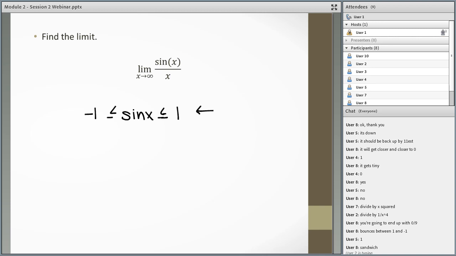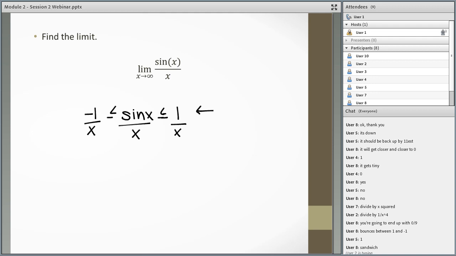Going back to the very beginning, I have that sine x is between negative 1 and 1, and I need sine x over x. How can I get that? Well, I can divide each term by x, which I could do. There's two situations here.